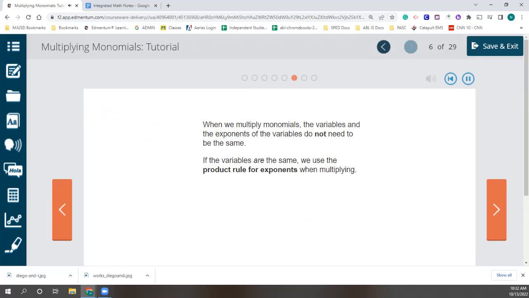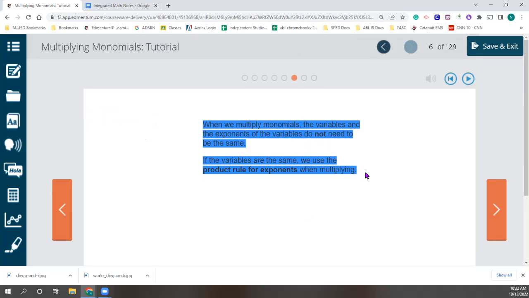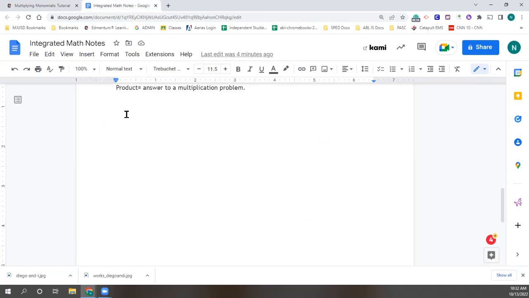When we multiply monomials, the variables and the exponents of the variables do not need to be the same. If the variables are the same, we use the product rule for exponents when multiplying. That's good to know.